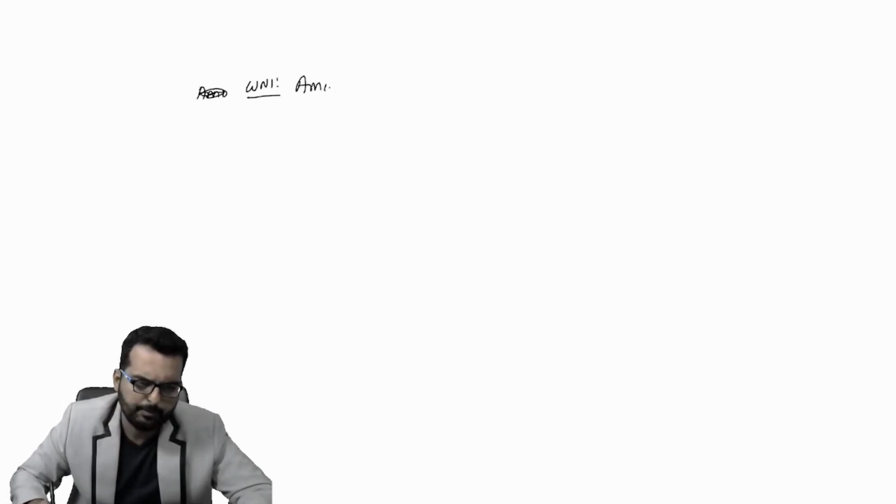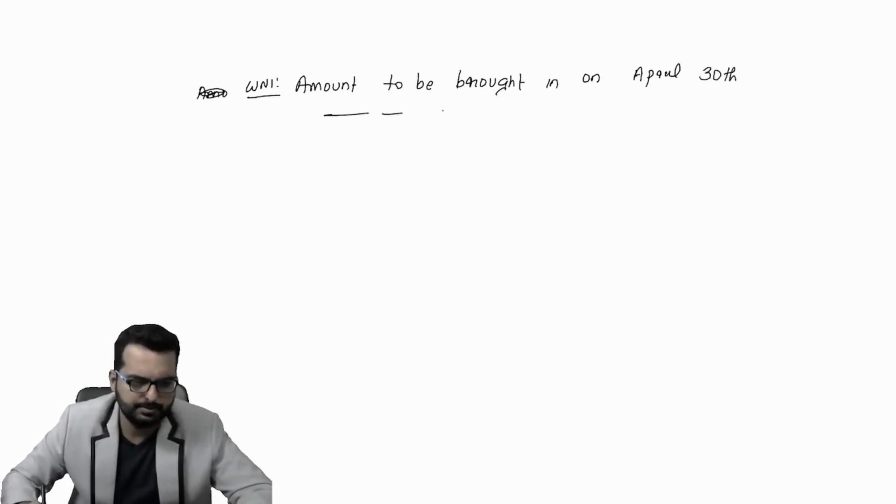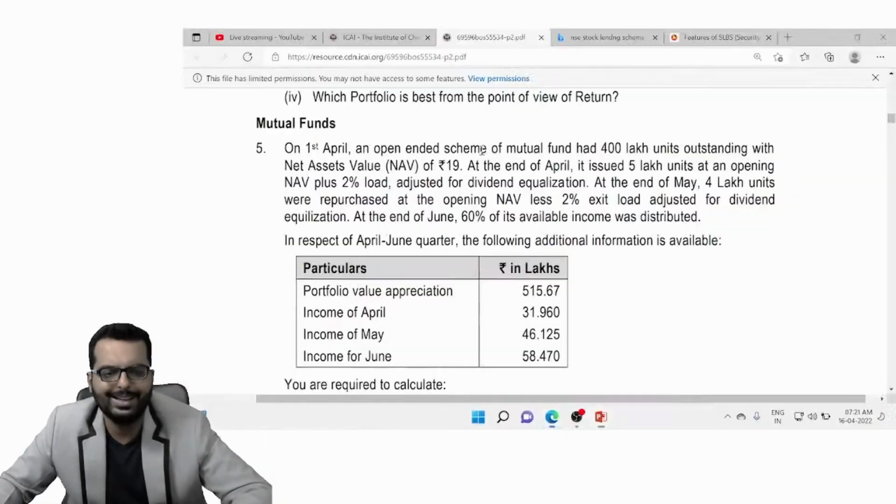Okay. I'll write down the next working note heading: Amount to be brought in on April 30th. Point A, we'll call it opening NAV.